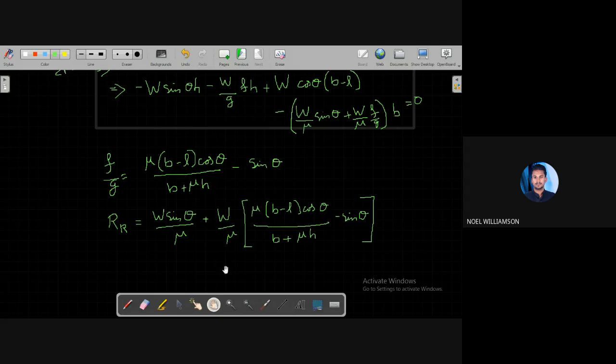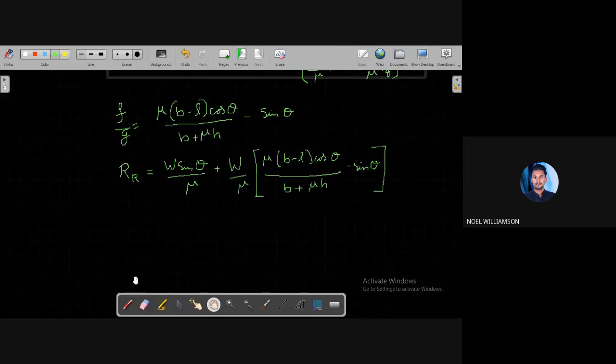On factorizing and simplifying we get the final relation for RR as RR equal to (d minus L) cos theta into W divided by (d plus mu h).